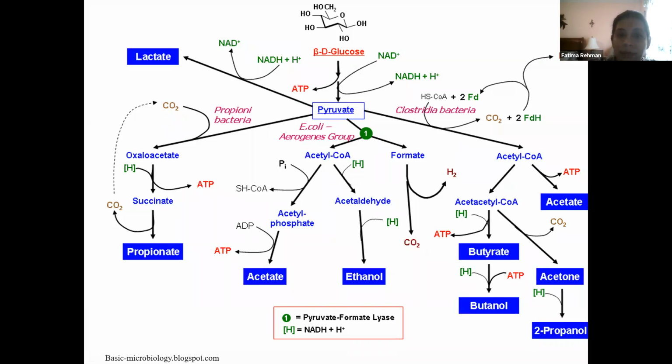However, many systems, especially many types of bacteria, do use this method to generate energy for themselves, especially those living in anaerobic environments. In general, they will produce different types of ethanols or alcohols as a result of the breakdown of their pyruvate molecules, depending on the type of bacteria.